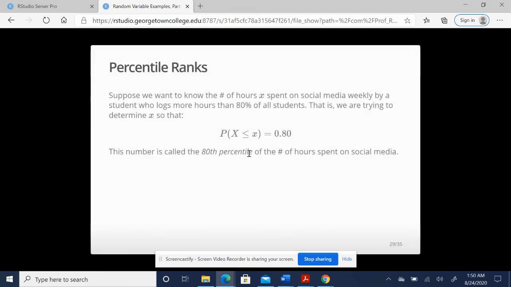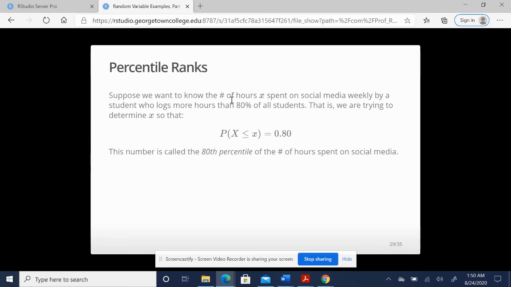Now, let's say that we want to know the number of hours that creates sort of a boundary for us in a different way, okay? We want to know the number of hours that whoever the student is spent on social media weekly by a student who logs more hours than 80% of all the other students, okay?